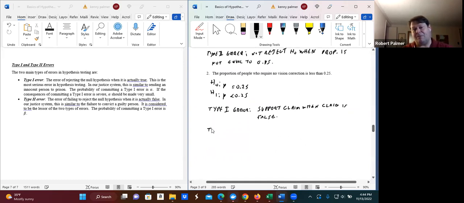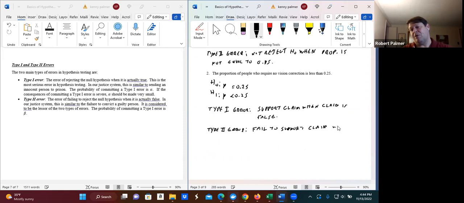Then the type 2 error would be to fail to support the claim when the claim is true.